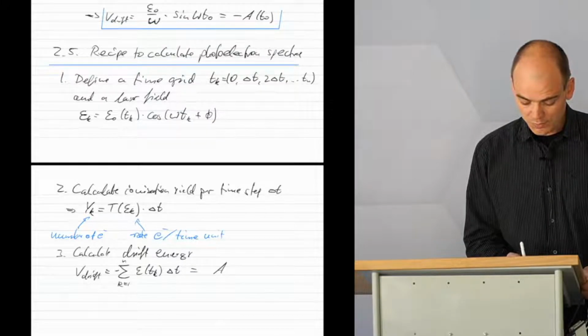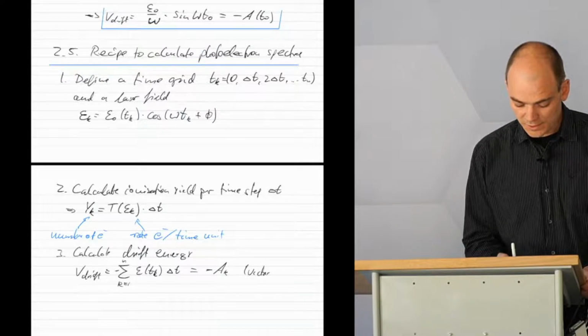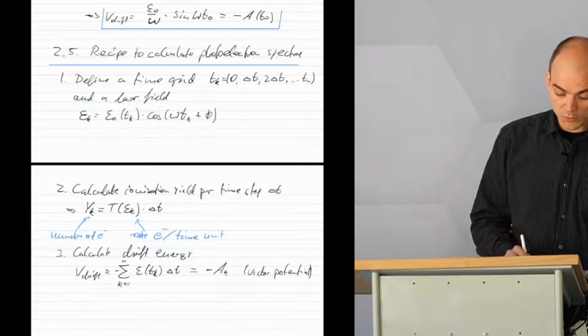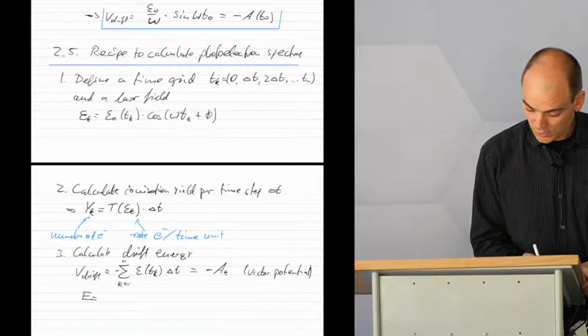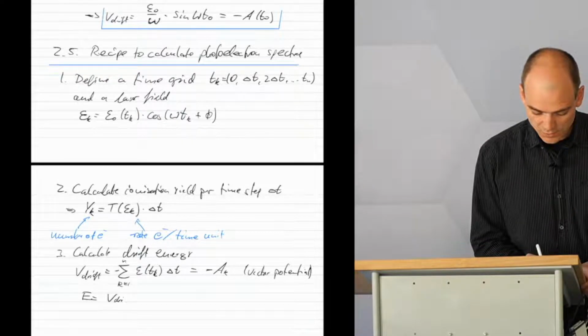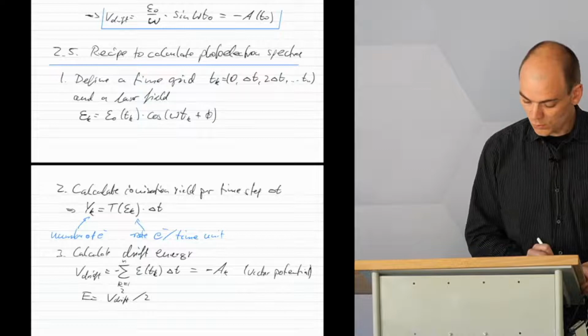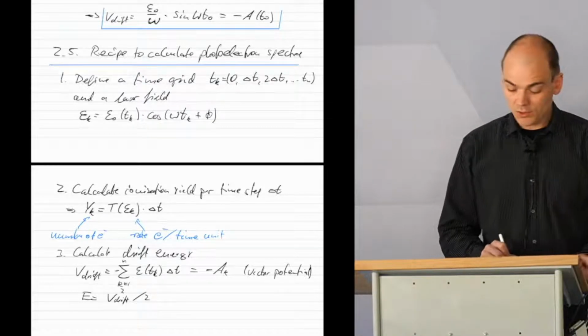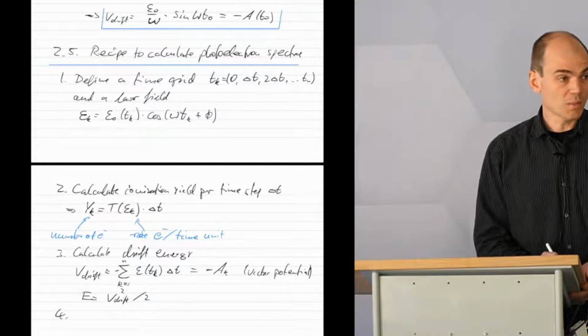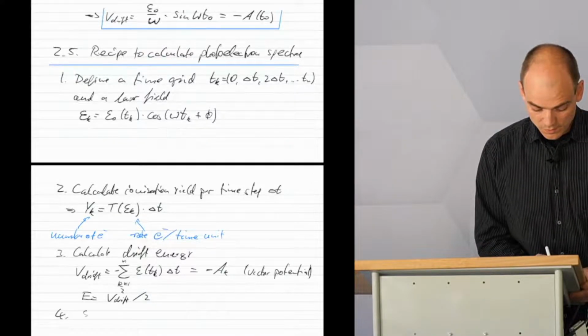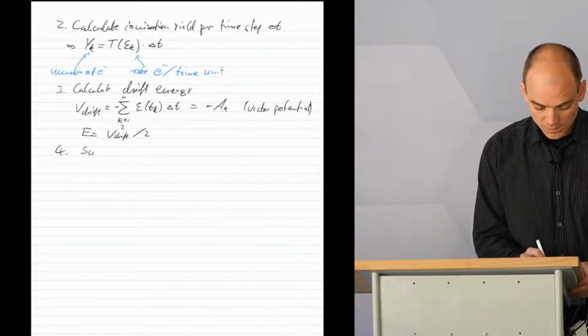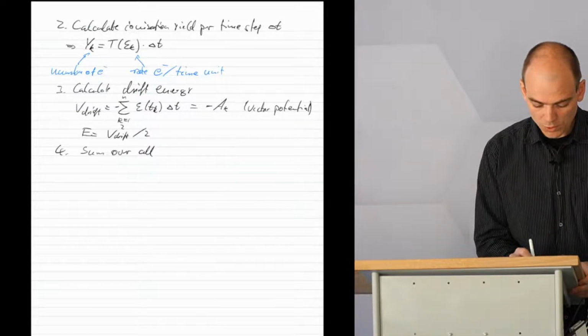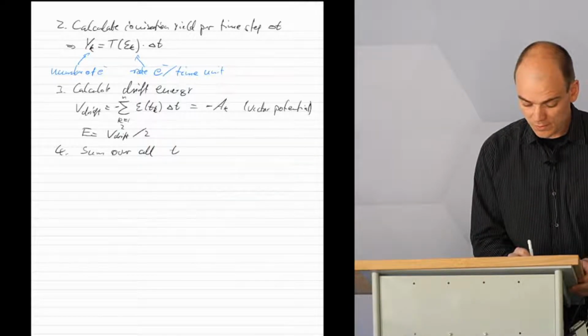So this would be simply minus A_k, the vector potential. And if you want to calculate the drift energy, of course, you calculate V drift squared over 2. And now finally you have to sum up all the contributions, summing over all time steps.